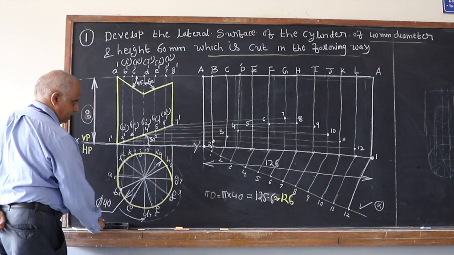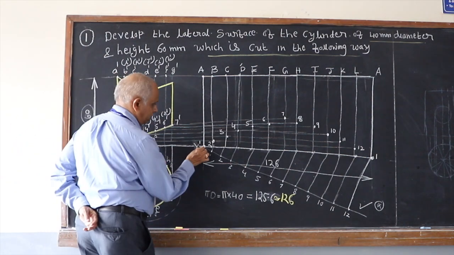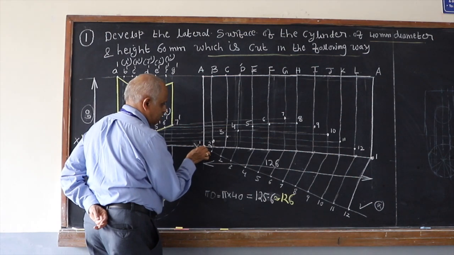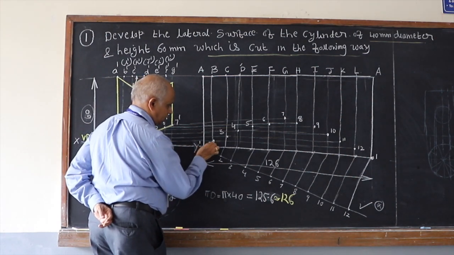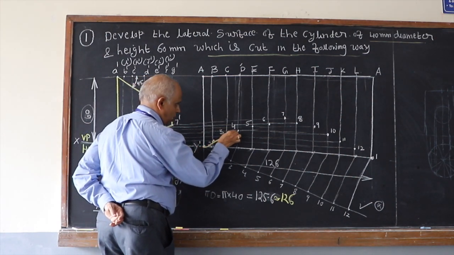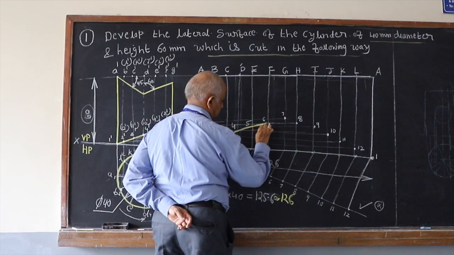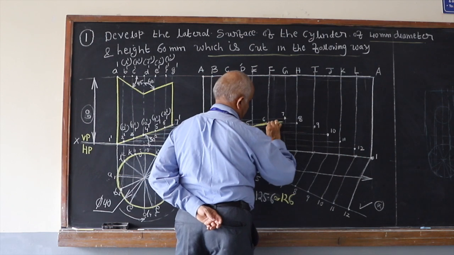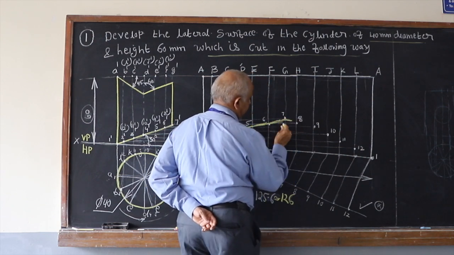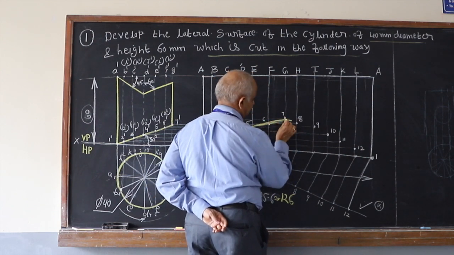To be clear, you can even make it a thick continuous line with a smooth curve. Remember, this has to be a smooth continuous curve. It has to pass through all these points as a single curve.